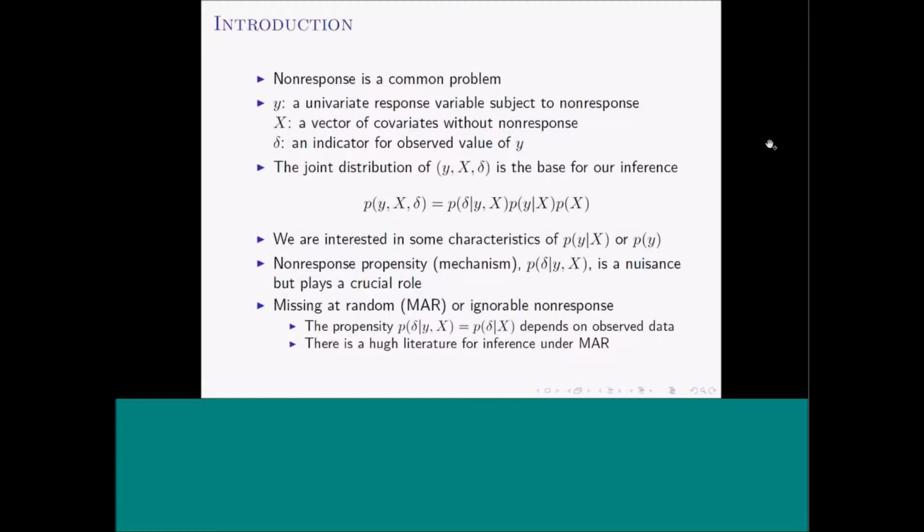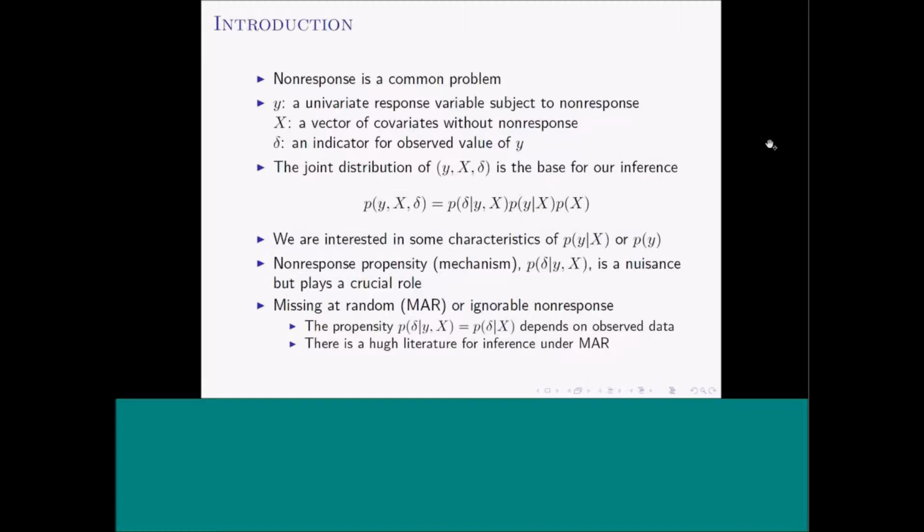So as we know, statistical inference is based on the joint distribution of these three components, y, x, and delta, and it can be decomposed in certain ways. One way is to decompose the joint distribution in terms of the conditional distribution of delta given x and y, and this is the so-called propensity, and then the conditional distribution of y given x, and so on.